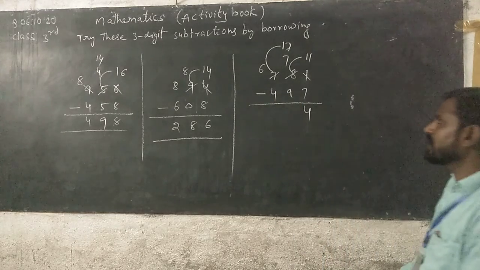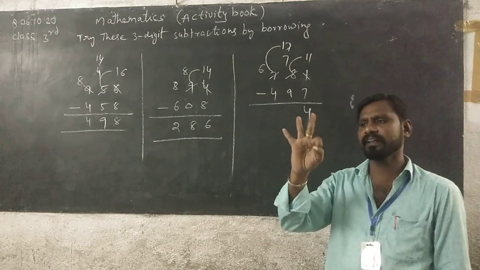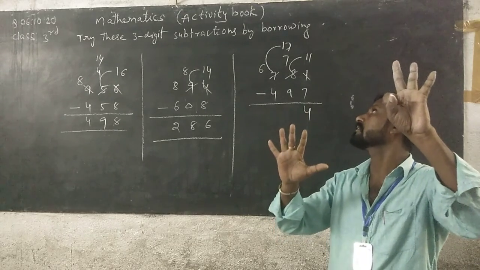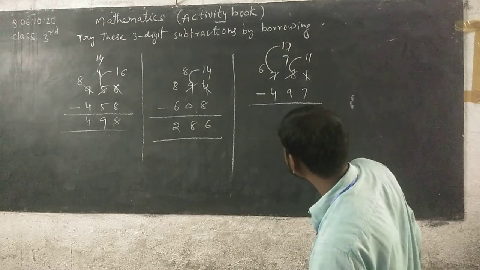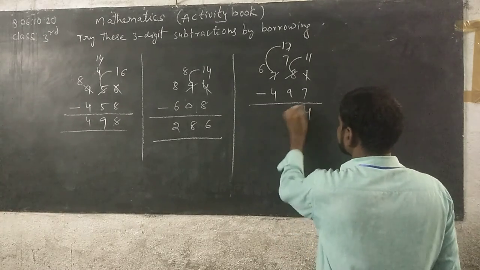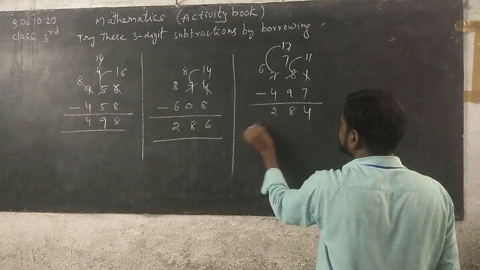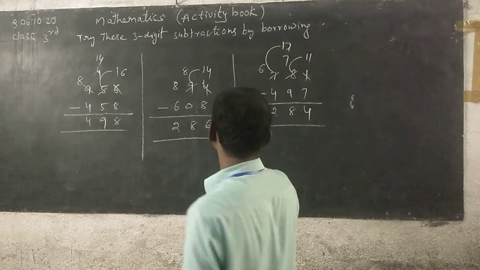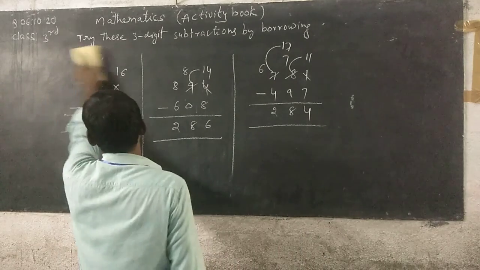You can count 9 after, up to 17. 9 after 10, 11, 12, 13, 14, 15, 16, 17. How many? 5 plus 3, 8. Next, 6 minus 4. 4 after, you can count 5, 6, 2. 284.